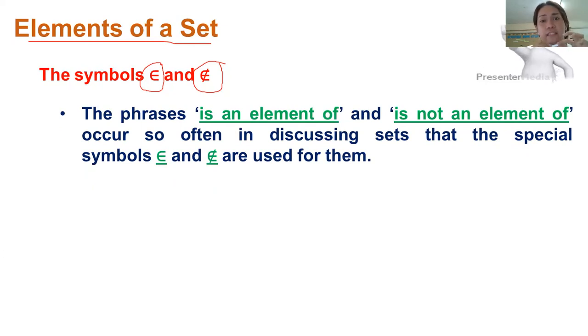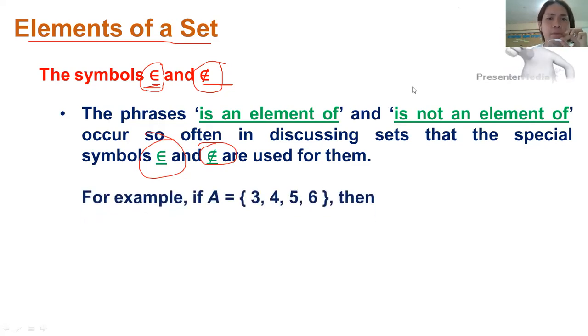The phrases "is an element of" and "is not an element of" occur so often in discussing sets that special symbols are used for them. Take note of the symbols so that you will not be confused.